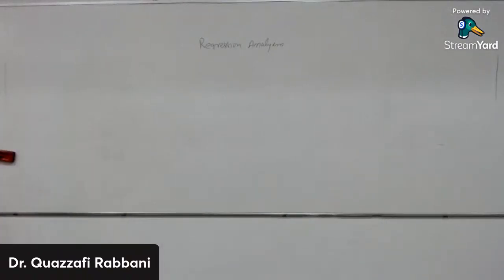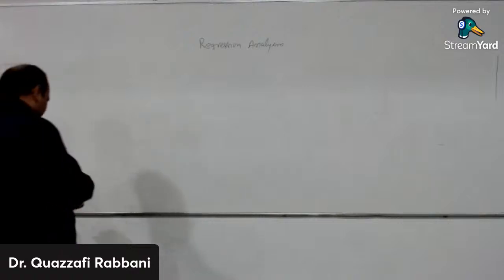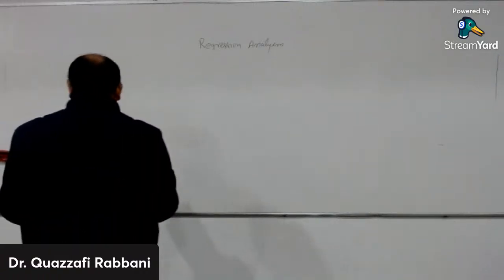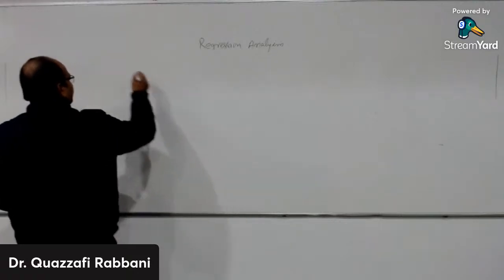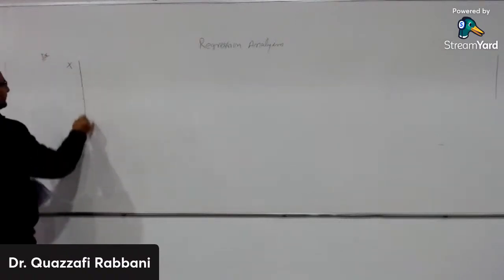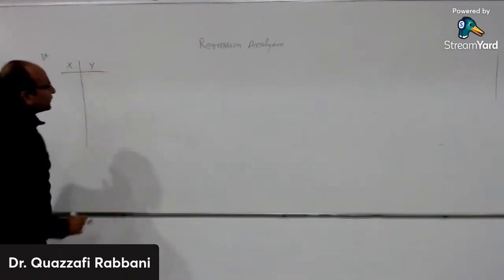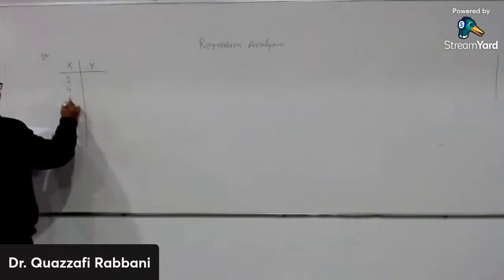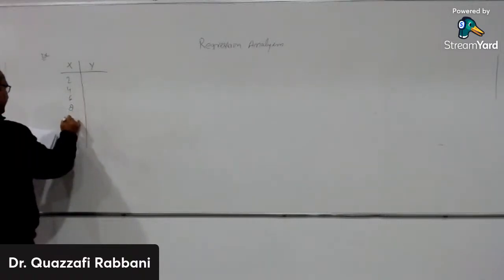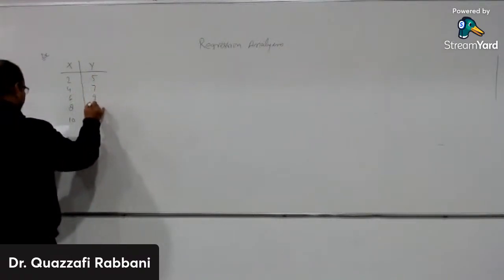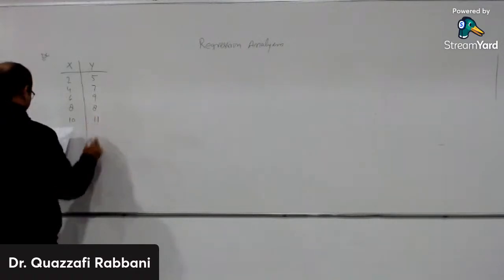Okay, now taking an example. Suppose we have an example in which x and y are two variables, and the values of these two variables are given as 2, 4, 6, 8, 10, and the values of y are 5, 7, 9, 8, 11.